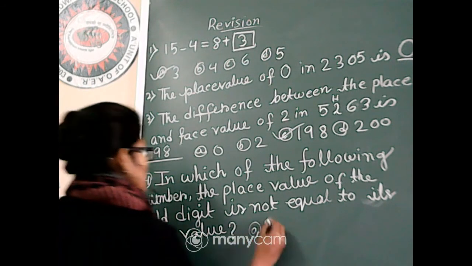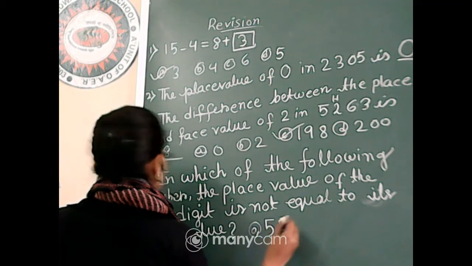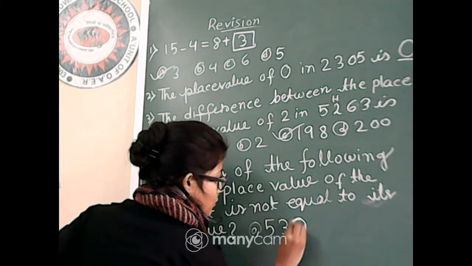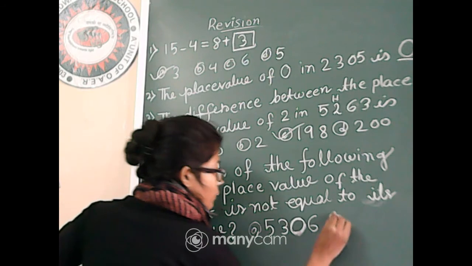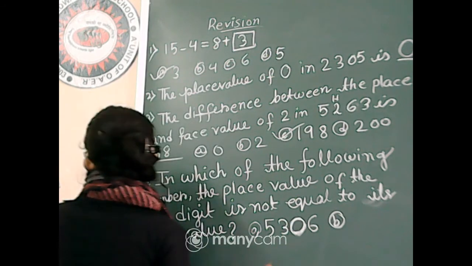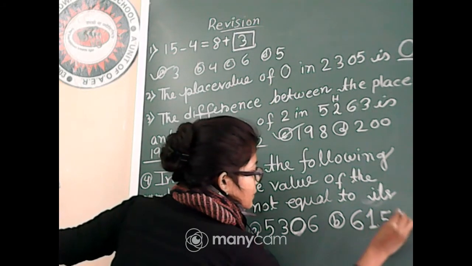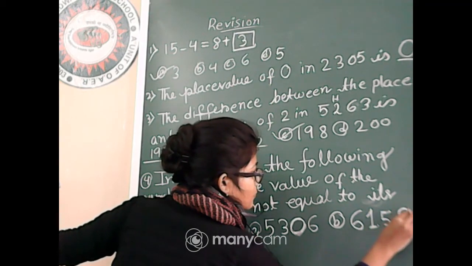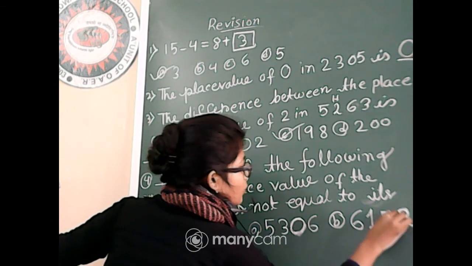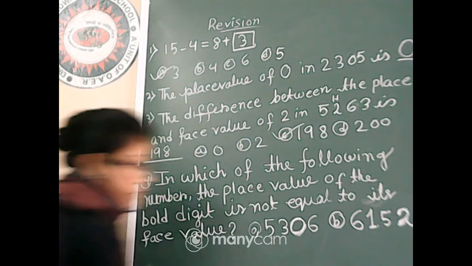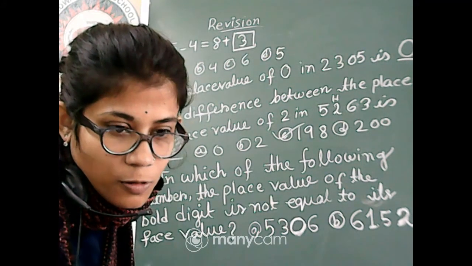So, the options are: A, 5300. Here I am writing 0 in a bold manner. Then B, 6150. The 2 here is in bold, okay? Can you see the board properly?